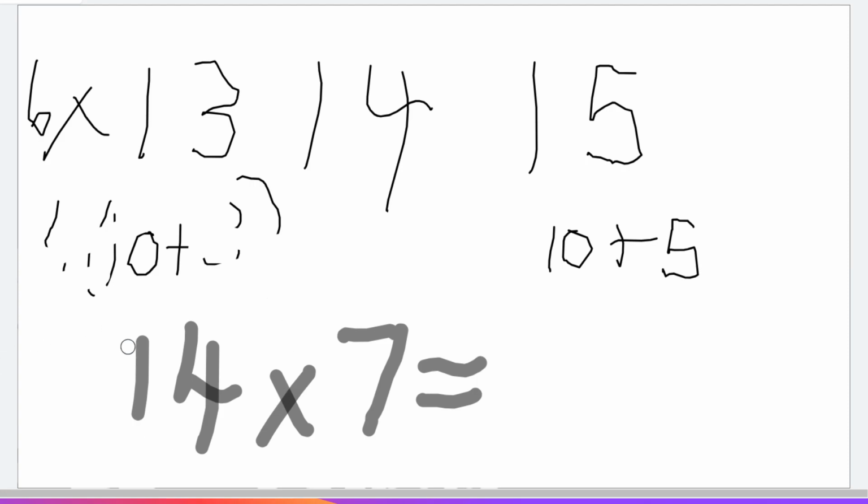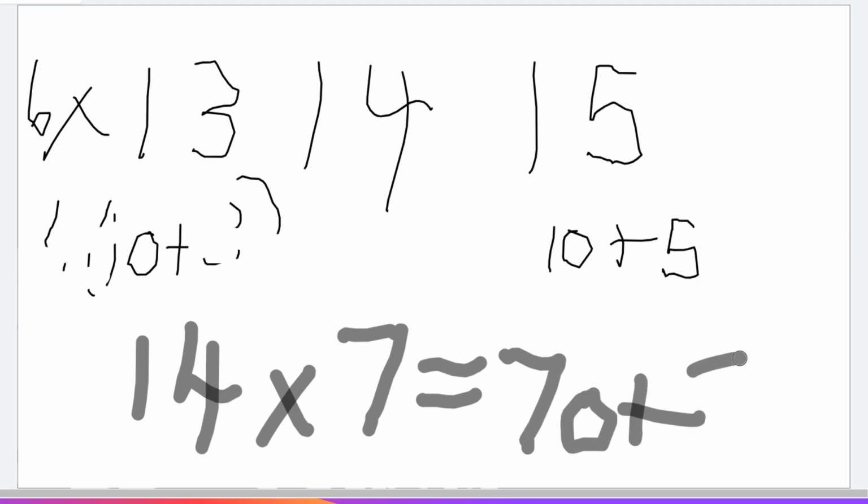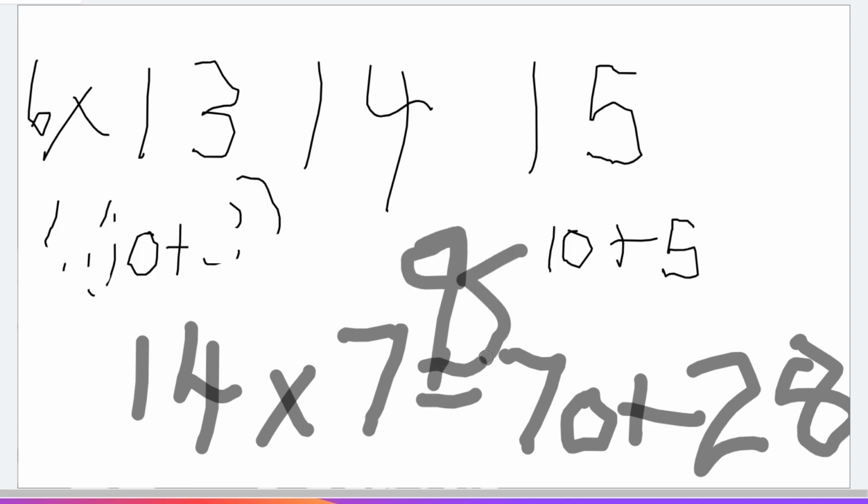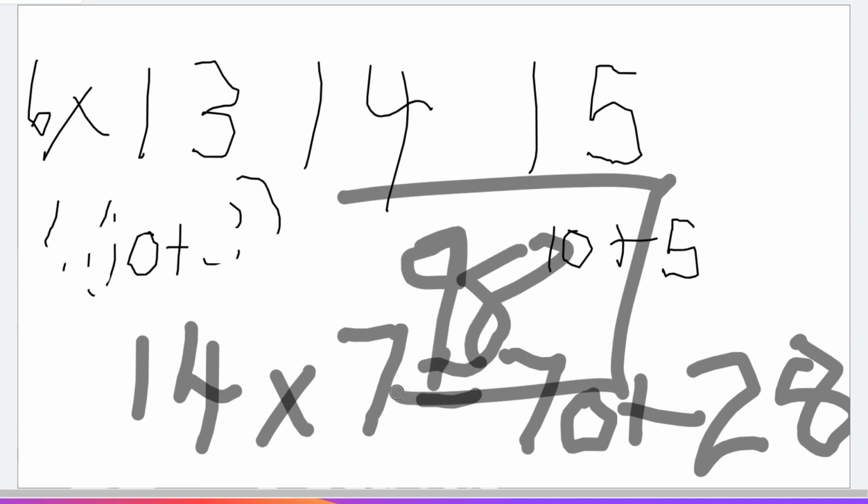But we're going to apply the same trick. 14, like I said earlier, is broken into 10 and 4. So 10 times 7 is 70. 4 times 7 is 28. And then you have 70 and 28. Just add them together and you get 98. And so 14 times 7 must be 98.